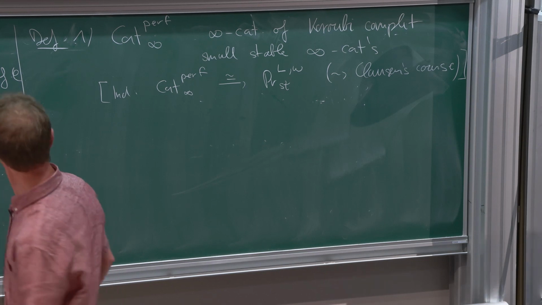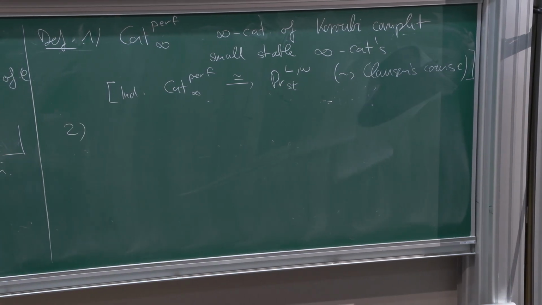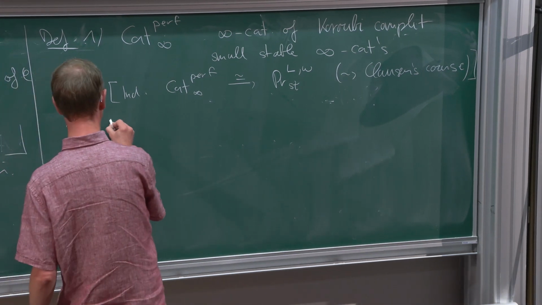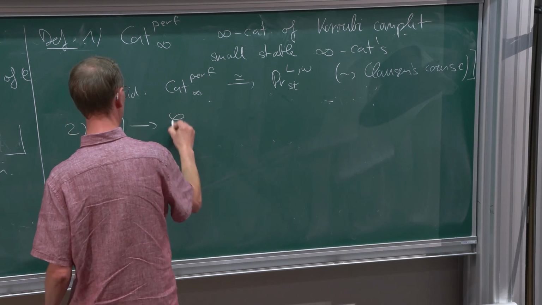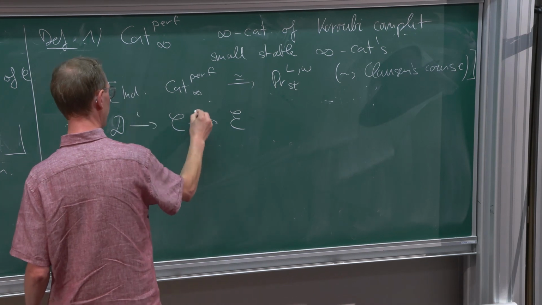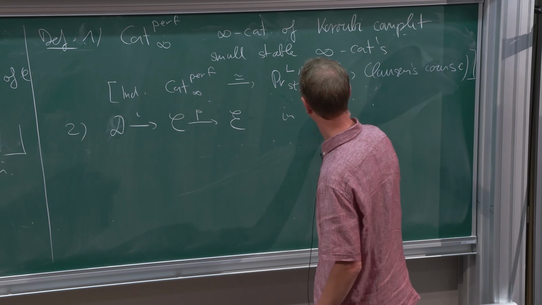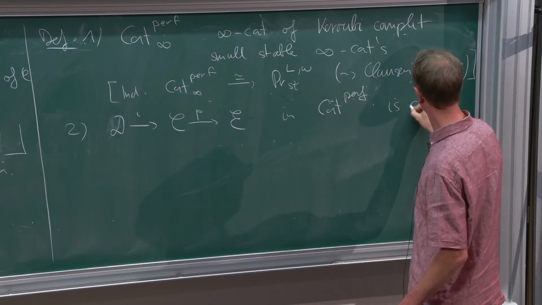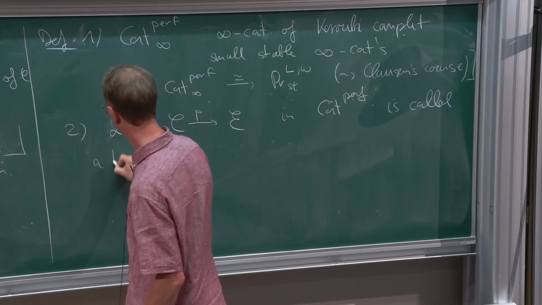Okay. Then we need a notion of short exact sequences, and this is as follows. Let's say D to C and then to E. Let's call these I and P. So that's a sequence of functors in Cat^perf. This is called a Karoubi sequence.